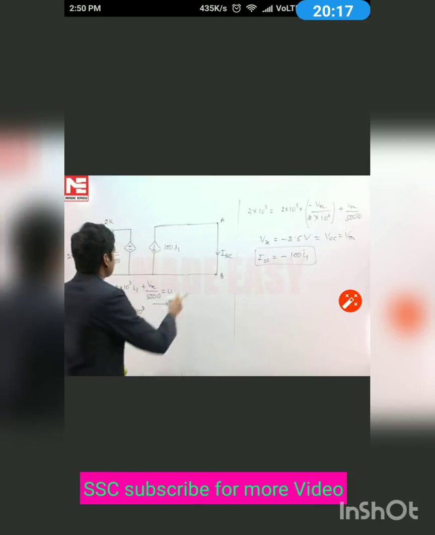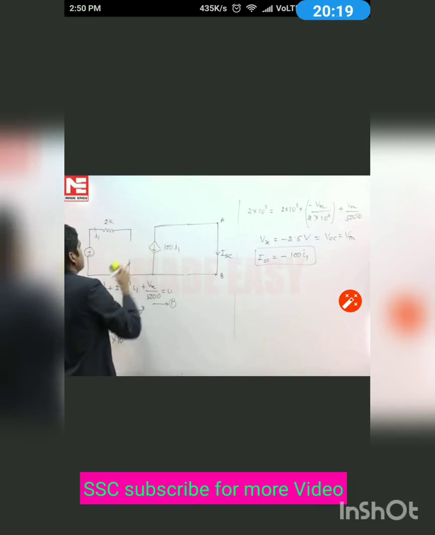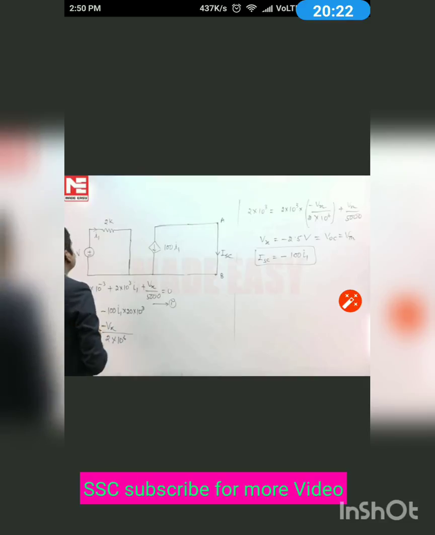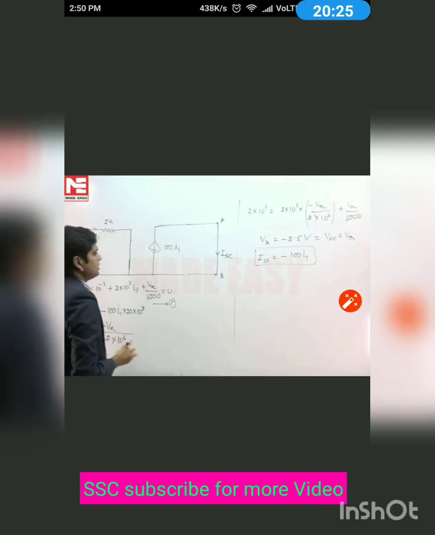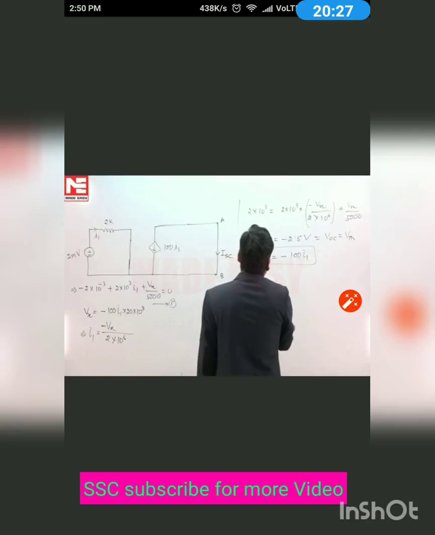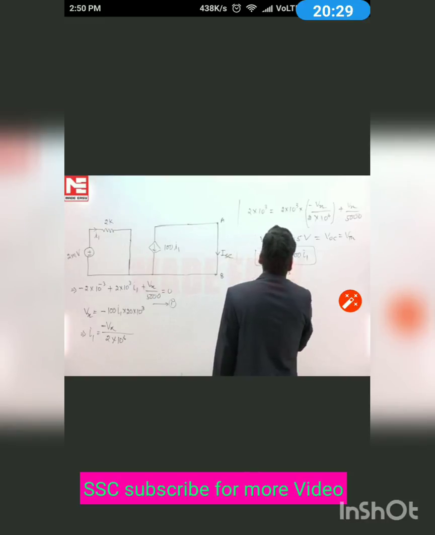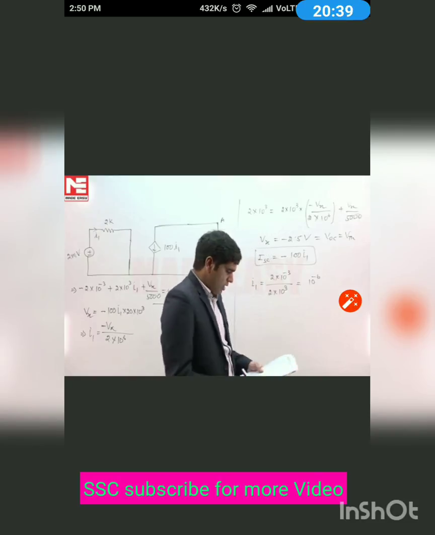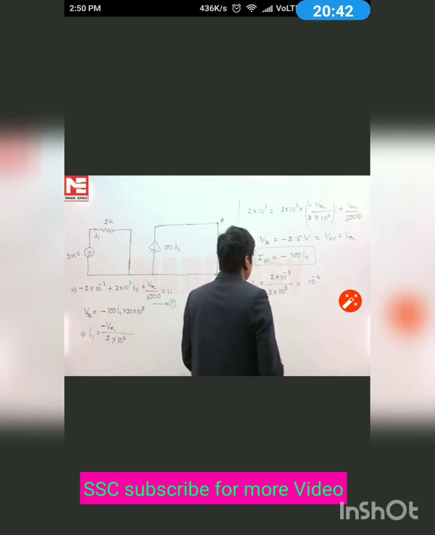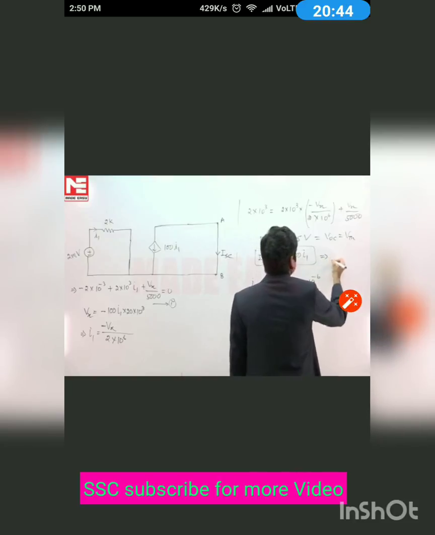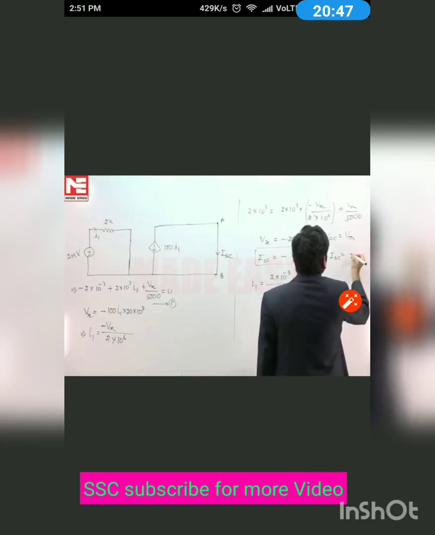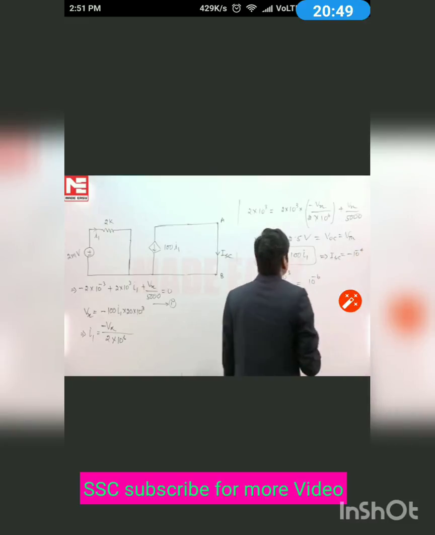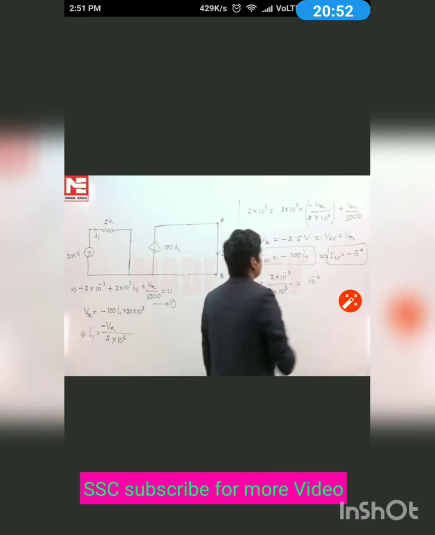We have short circuited Vx terminal, so this dependent voltage is also short circuited, and this I1 can be calculated. I1 is equal to 2 into 10 to the power minus 3 divided by 2 into 10 to the power 3. So it is 10 to the power minus 6. That is the value of I1. And if we put this value of I1, then ISC will become minus 10 to the power minus 4. This is the value of ISC.